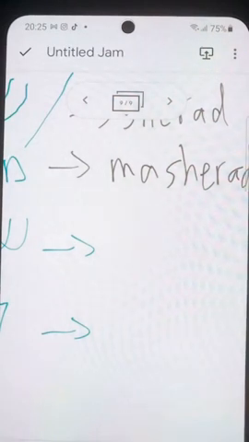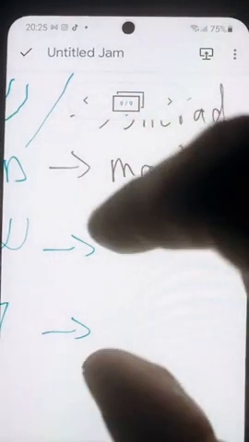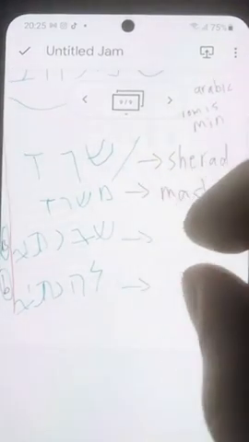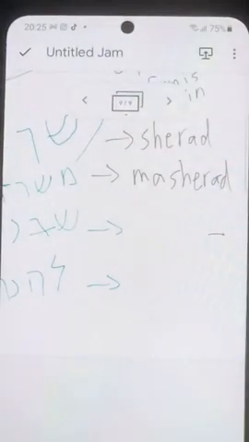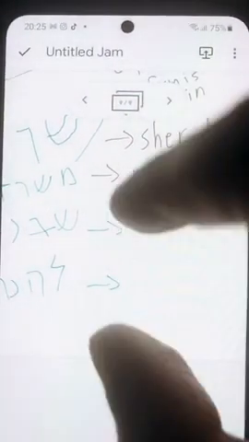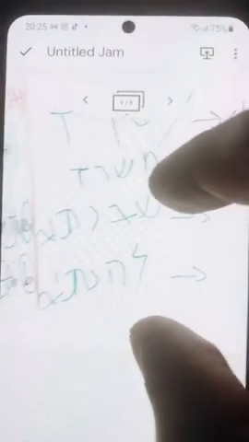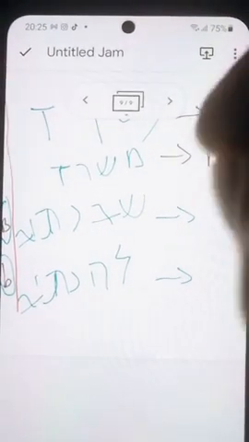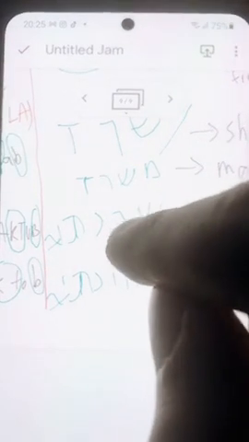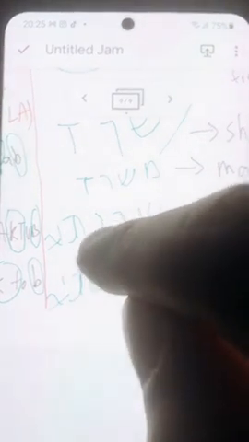So ba, bu, and bi. And basically, every letter in the Arabic alphabet has the vowels. Those are the main three vowels. Of course, we have a little bit more, but those are the main vowels that we use in Arabic.